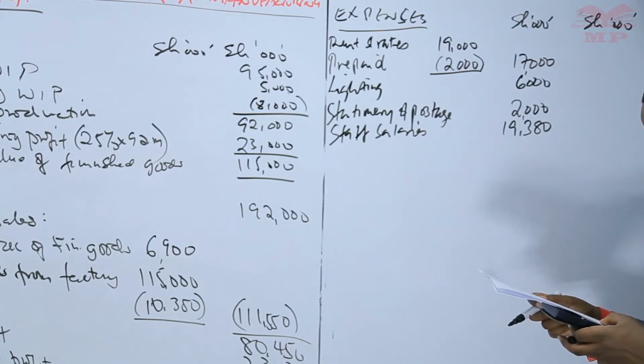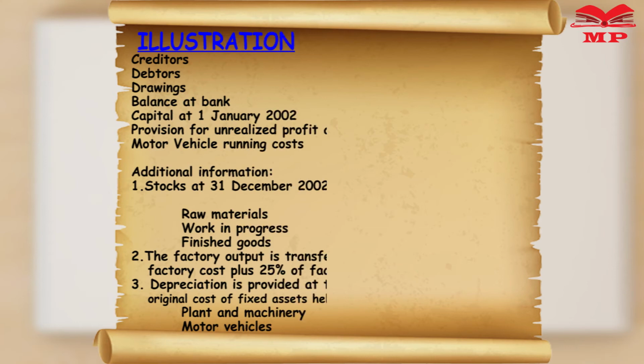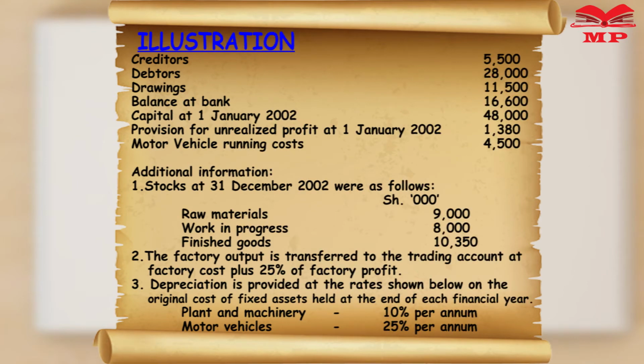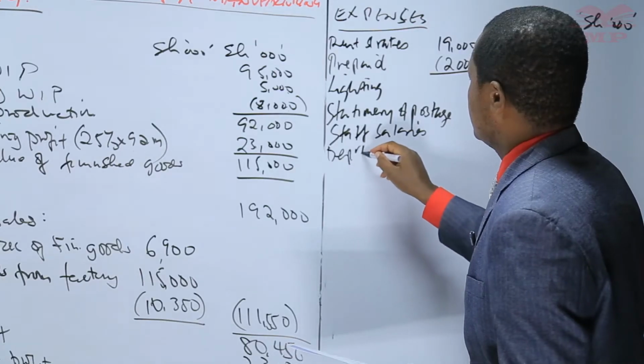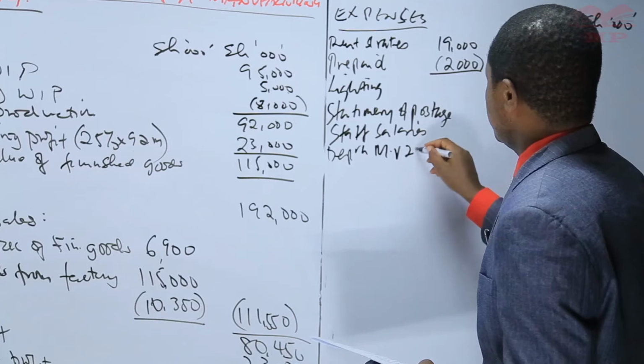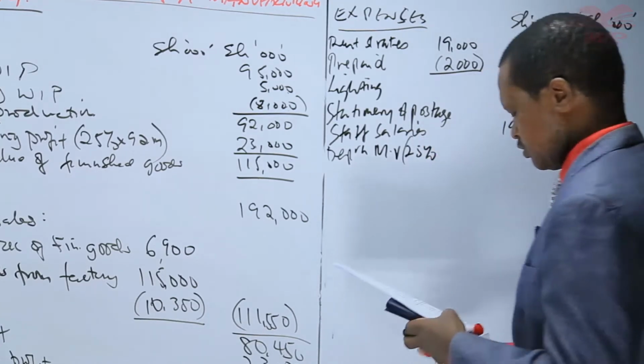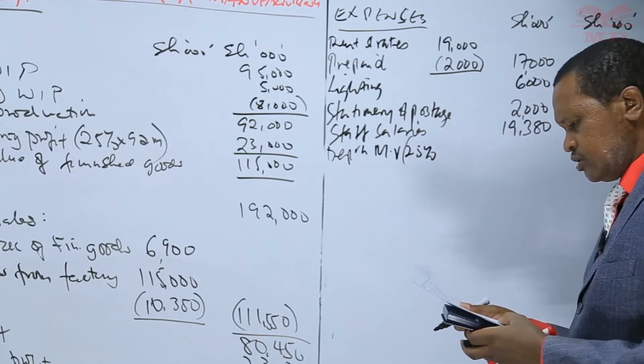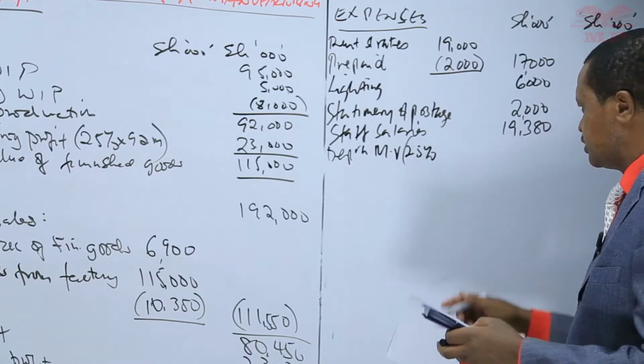What else? Depreciation, note number 3, depreciation is provided at the rates of original cost, fixed assets, motor vehicles, 25%. Depreciation, motor vehicles, 25% of the original cost, which is 16 million.